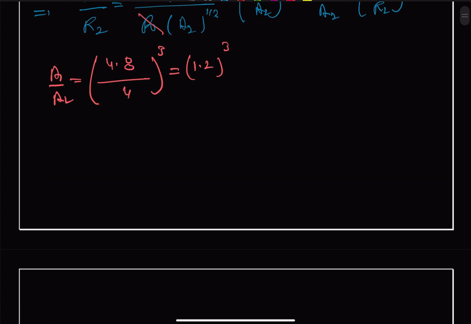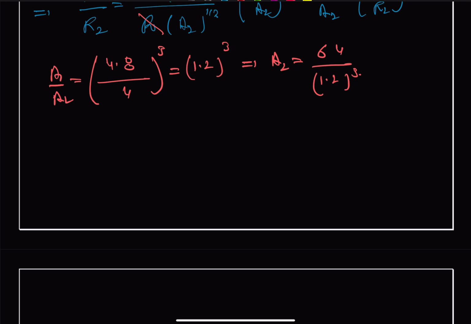Okay, so we can say that our A2 will be equal to 64 divided by 1.2 whole cube.